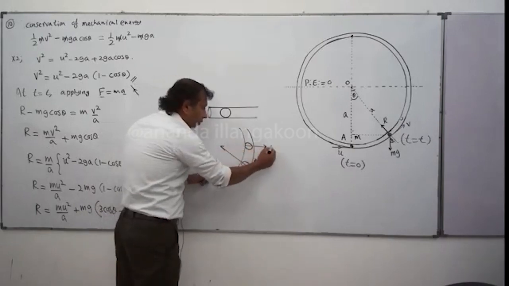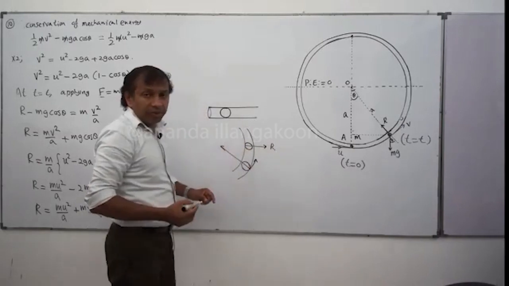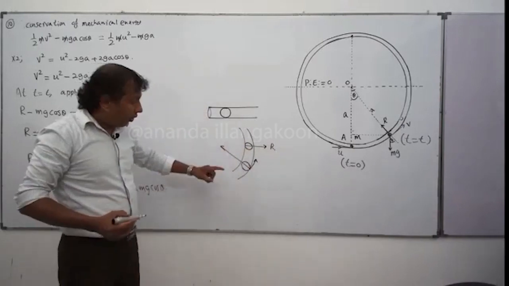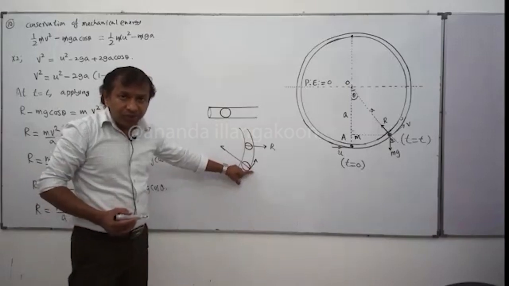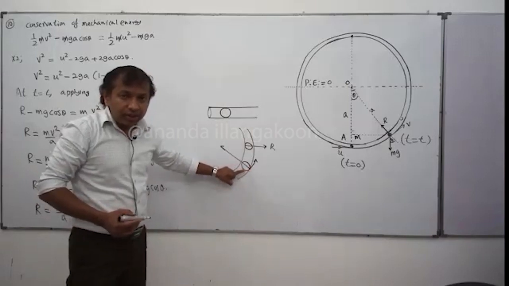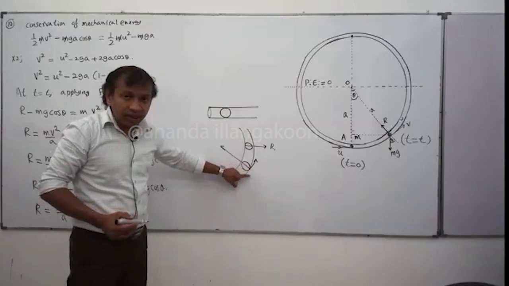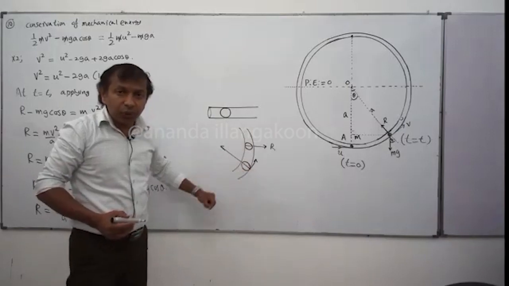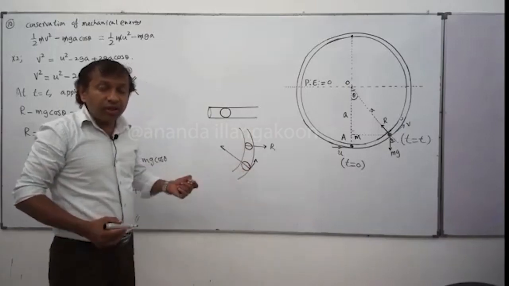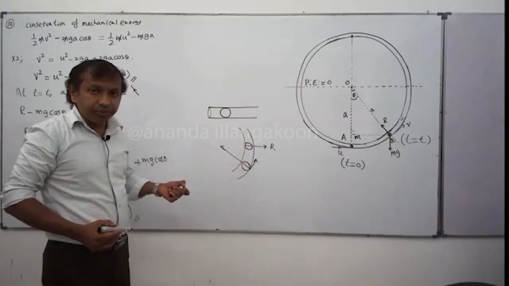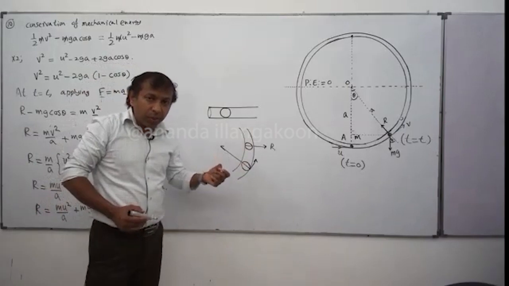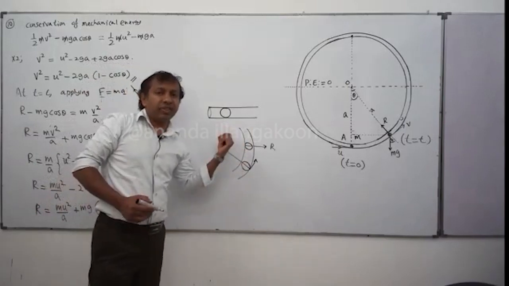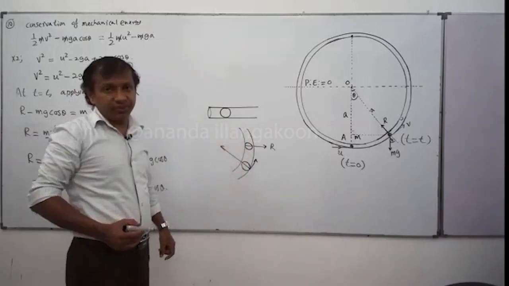When the particle leaves the outer surface, the contact between the particle and the surface is lost. On that occasion R equals 0. Soon after R equals 0, the particle will make contact with the other, inner surface.